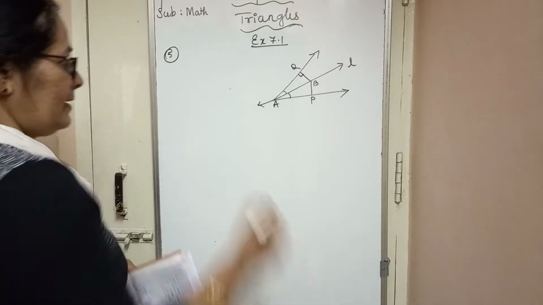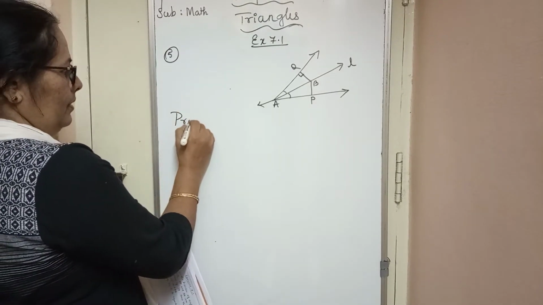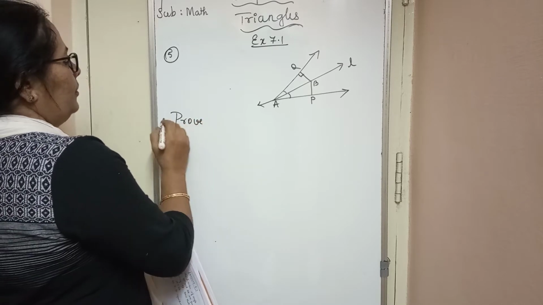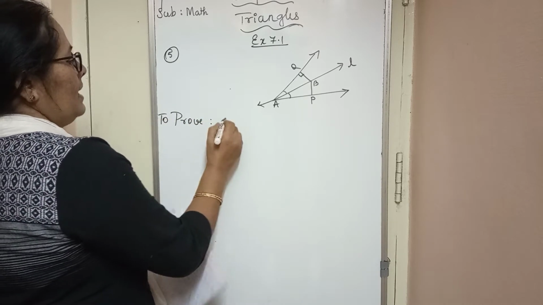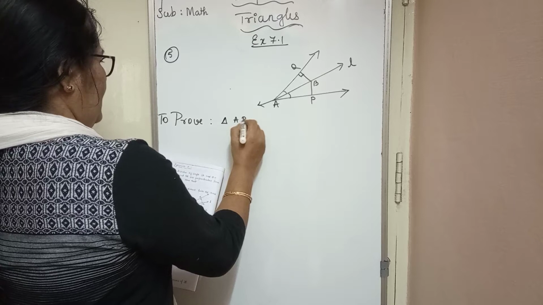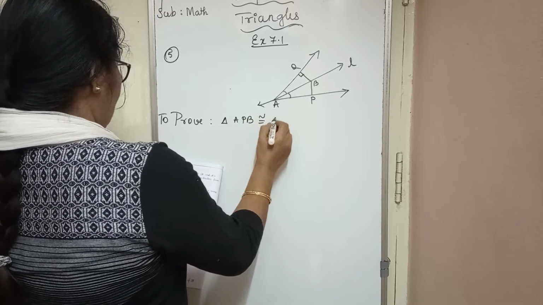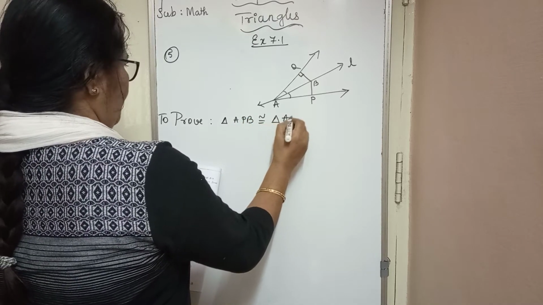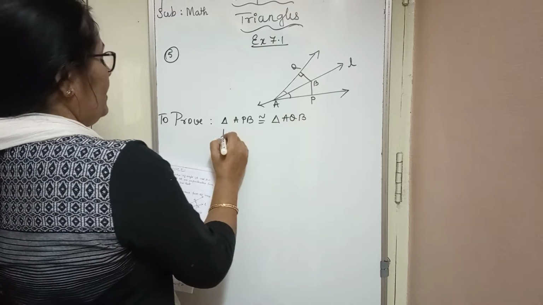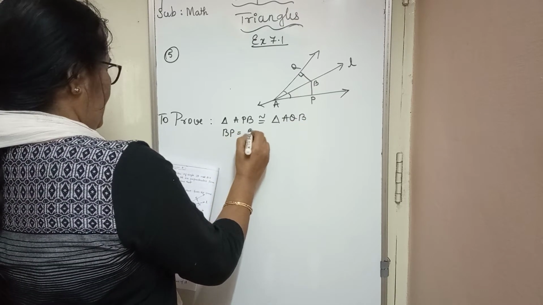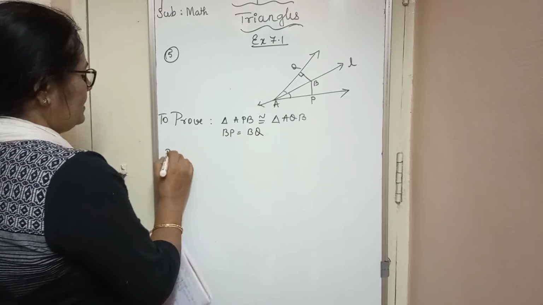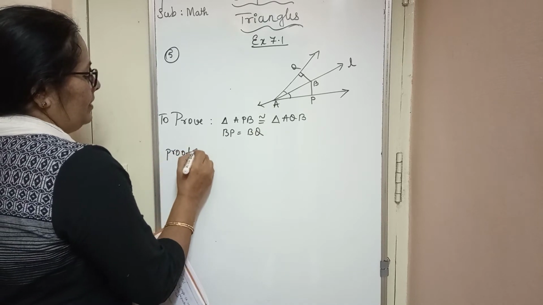How will we prove that these two triangles are congruent? To prove that triangle APB is congruent to triangle AQB and BP equals BQ, you have to take two triangles.